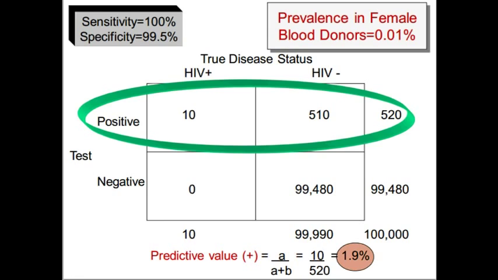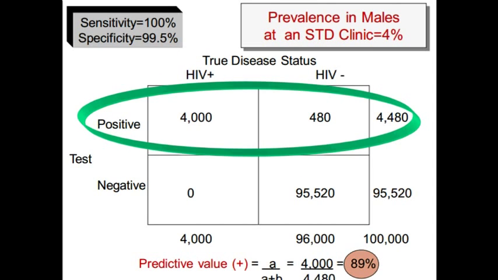Now let's move on to how it looks if the same screening program is conducted for males in a clinic for sexually transmitted diseases. So we go to a clinic which screens for STDs, and we look at the prevalence of HIV amongst males in that clinic.